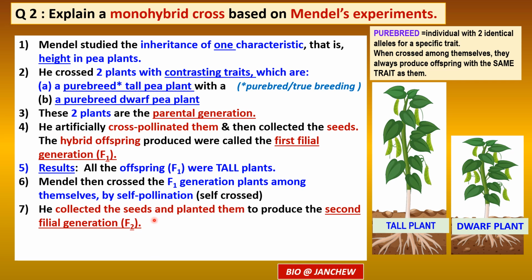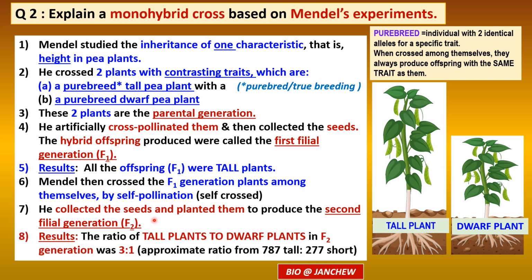Okay, so what were the results of his experiment? The results were that for the F2 generation, dwarf plants did appear, and the ratio of the tall plants to the dwarf plants in the F2 generation was around 3:1. If you approximate, the ratio is around 3:1. Of course, he didn't just take 4 plants and plant them.